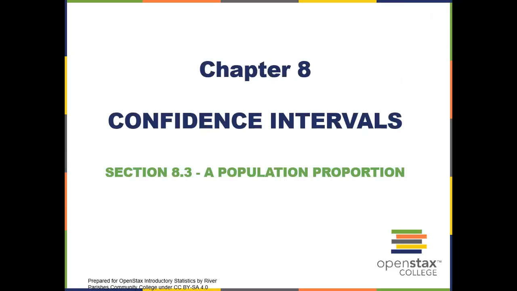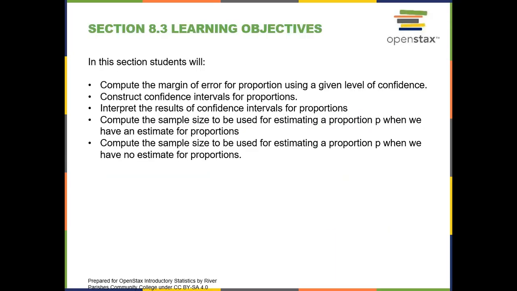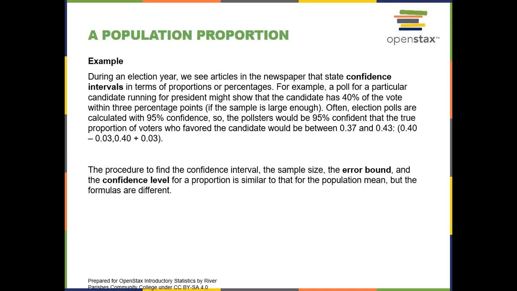Okay. How do we do the calculation for population proportion? Example, during an election year, we see articles in the newspaper that state the confidence interval in terms of proportions or percentages. For example, a poll for a particular candidate running for president might show that the candidate has 40% of the vote within 3 percentage points.